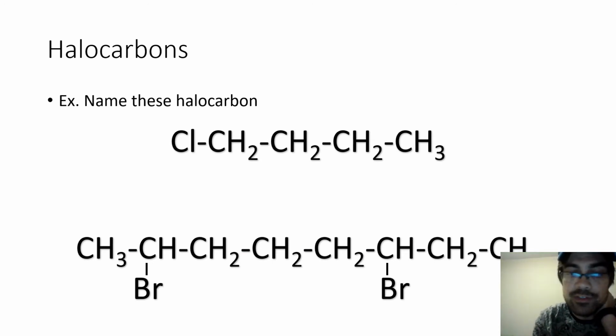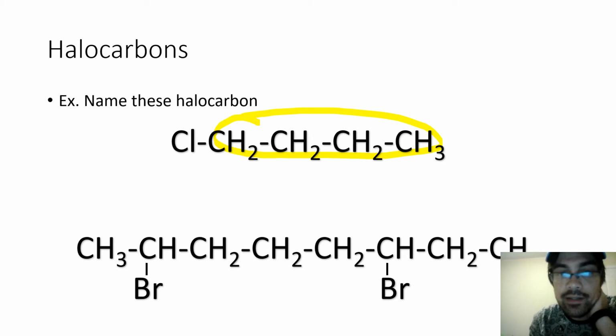So again, first thing you want to do is always find the parent chain of carbons, and in this case, that is here. Okay, that is a 4-carbon chain, meaning it's a butane. Now, our functional group here is this chlorine, and it is attached to the carbon number 1, the very first one in the chain.